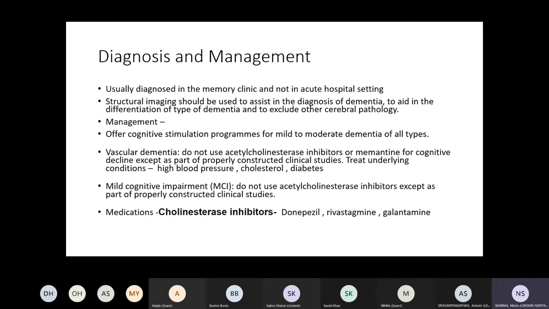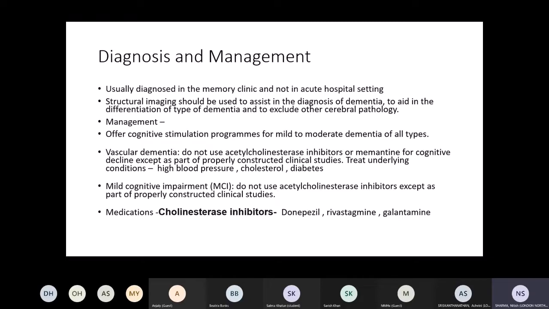So, diagnosis and management. It is very important to recognize that dementia is never diagnosed in an acute hospital setting. It is diagnosed as an outpatient in a memory clinic. Why is that? Because in an acute hospital setting, there are a number of reasons causing loss of memory and confusion, number one being delirium.